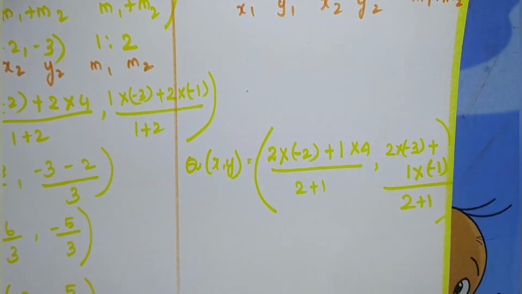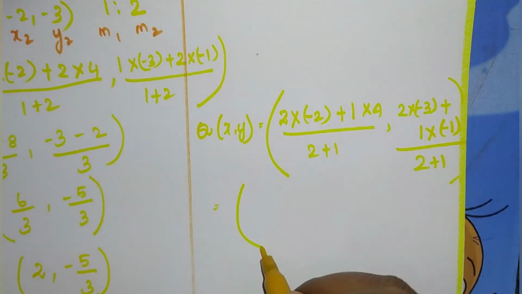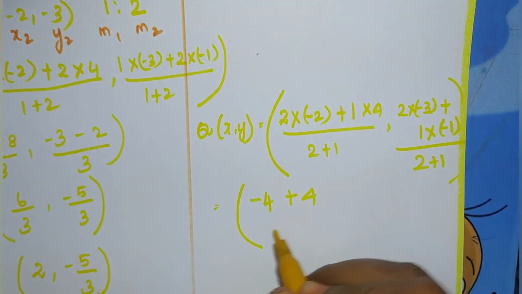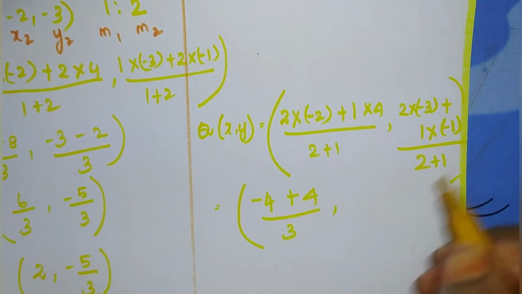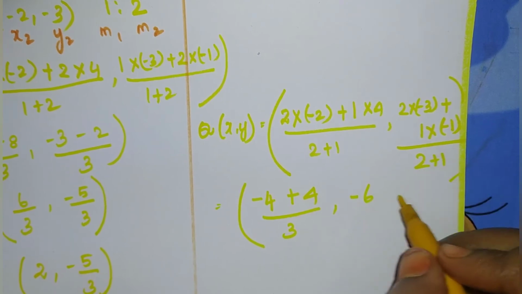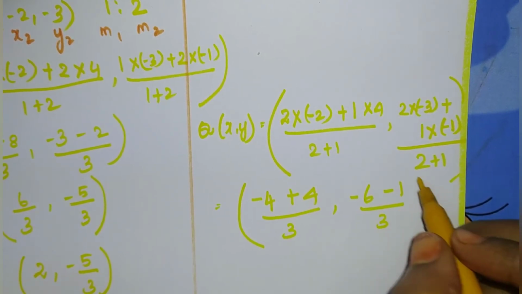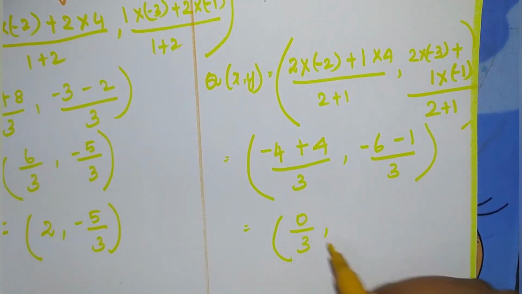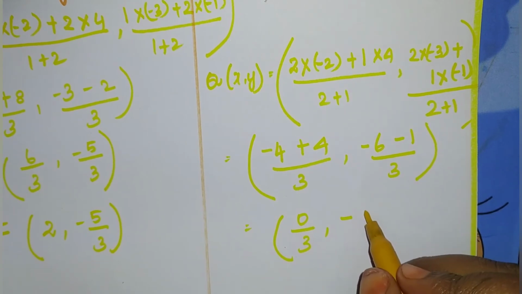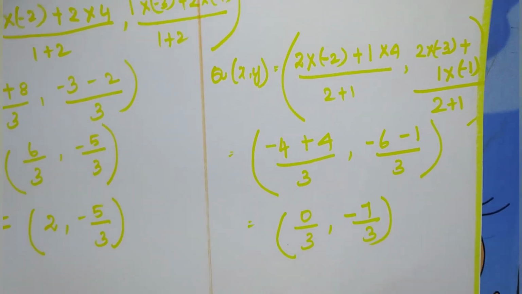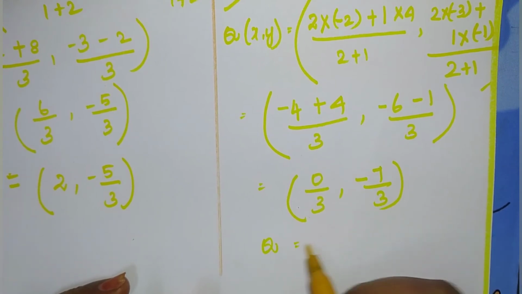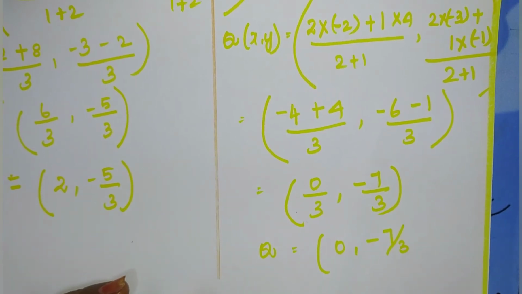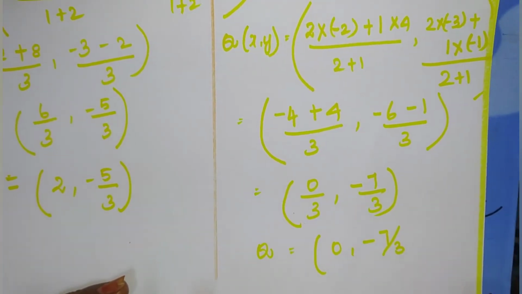Okay, and then now multiply. Minus 4 plus 4 divided by 3, comma, minus 6 minus 1 divided by 3. Minus 4 plus 4 is 0. 0 divided by 3, comma, minus 7 by 3. So the point Q is 0 comma minus 7 by 3. Are you all clear children? Is there any doubt?